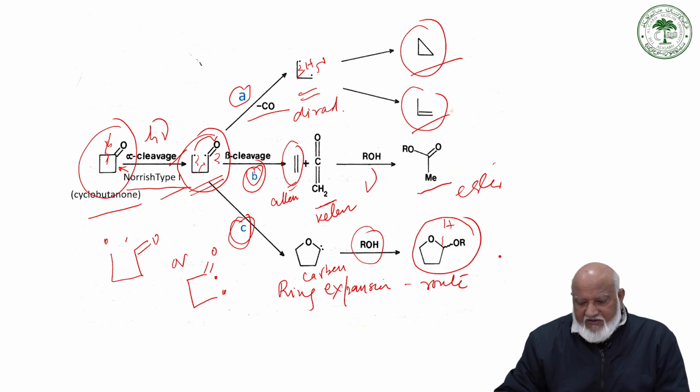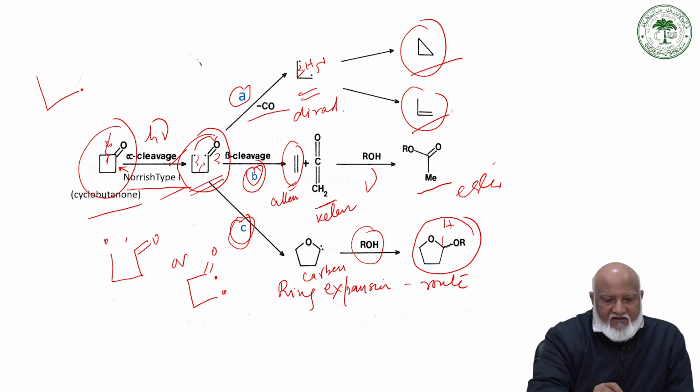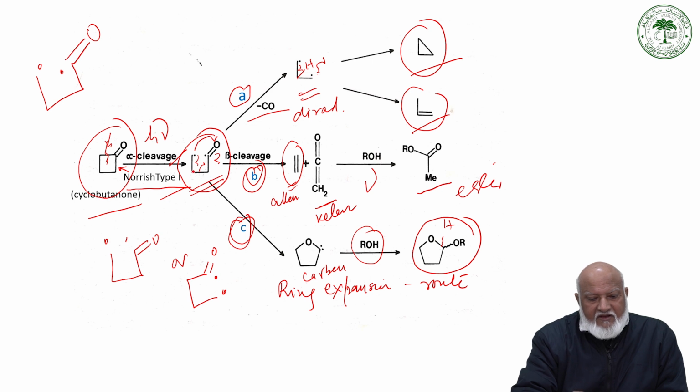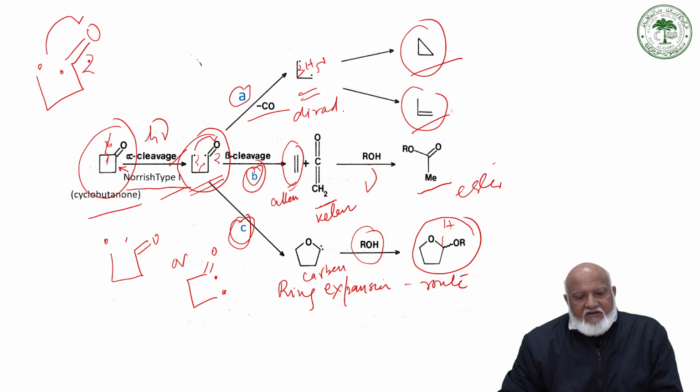The formation of this product can be visualized as follows. So this is the intermediate. Now this radical can attack here, and then this double bond can go.